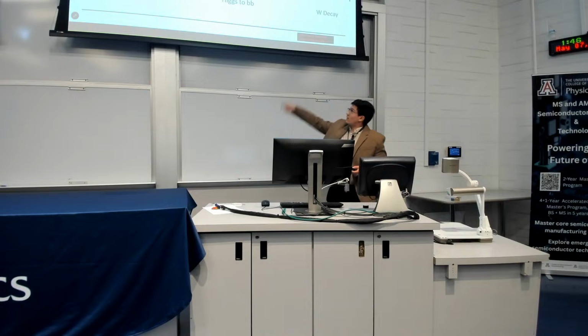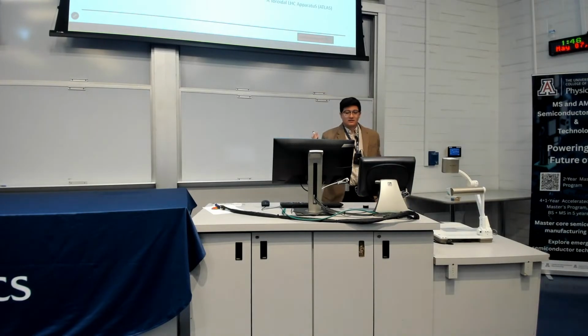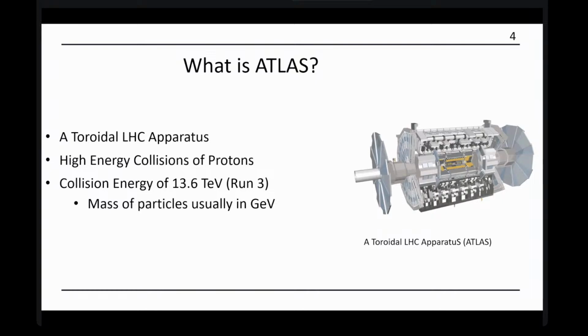How we study these things is through high energy collisions at the Large Hadron Collider. Specifically, we're looking at the LHC and, as stated, the ATLAS detector, a toroidal LHC apparatus, where protons collide and their products go all over the place, and we detect it in this one tube.